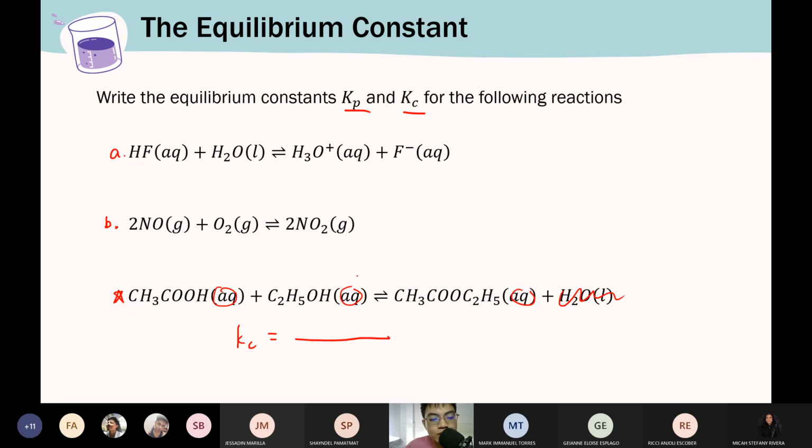Okay. So now, let's write the aqueous concentration equilibrium constant, or Kc. So sa numerator, I have this, no? The ethyl acetate. Okay? So since it is aqueous, I'll express it in square brackets, no? Or in molarity.